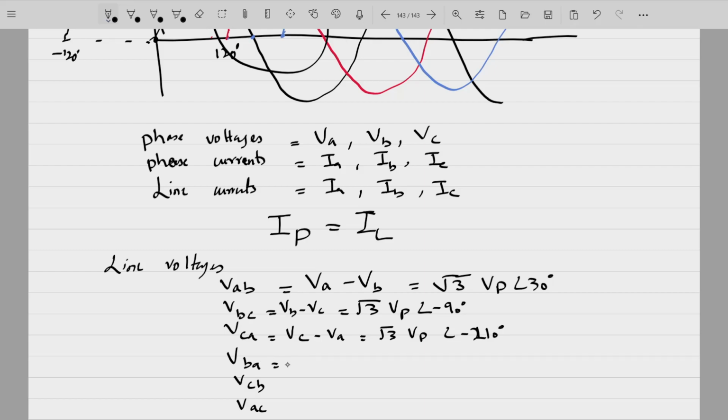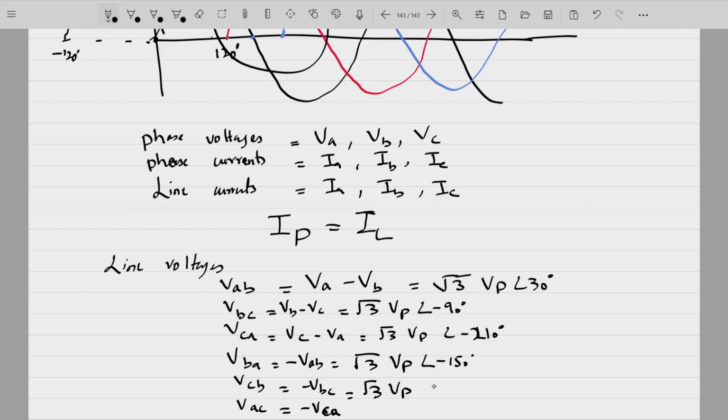VBA is simply minus VAB actually, so that will be root 3 VP angle 30 minus 180 degrees, तो minus 150 हो गया. VCB is equal to minus VBC. VAC is equal to minus VCA. VBC हमने root 3 VP angle minus 90 degrees निकाला.